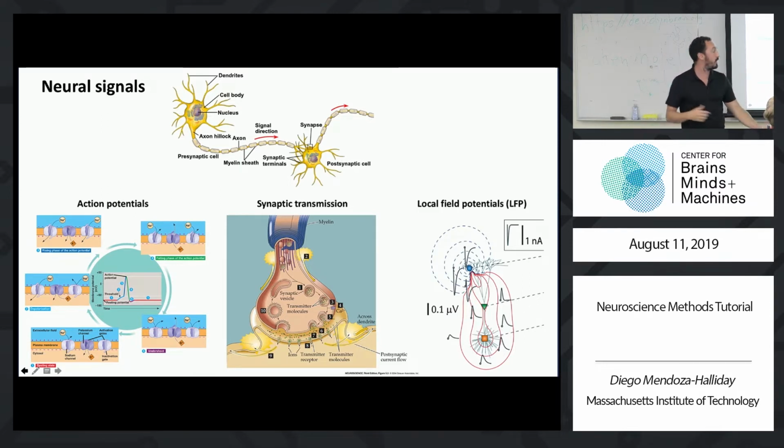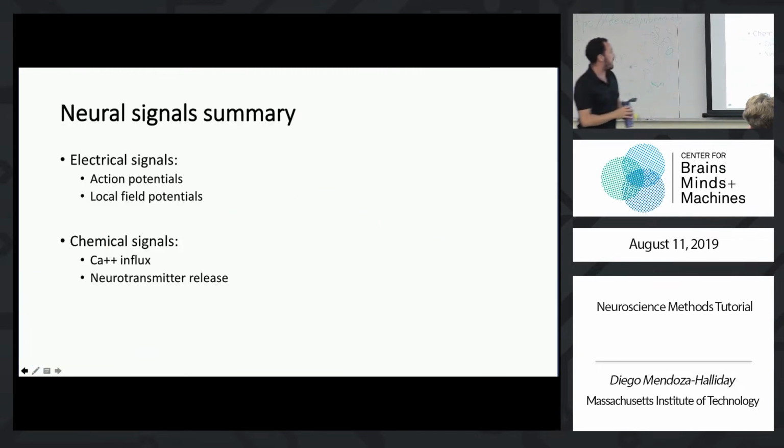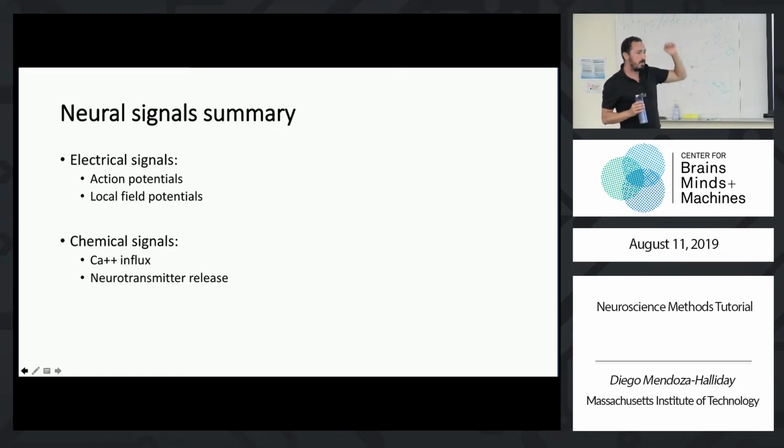Those are what we call local field potentials, LFPs. Just to summarize, from all that mechanism we have a handful of signals that we can acquire. These are not all of them. We have, for example, neuromodulators and a few other things. But these are the most important that neuroscientists use. Those are the action potentials and the local field potentials, and that's the list of electrical signals.